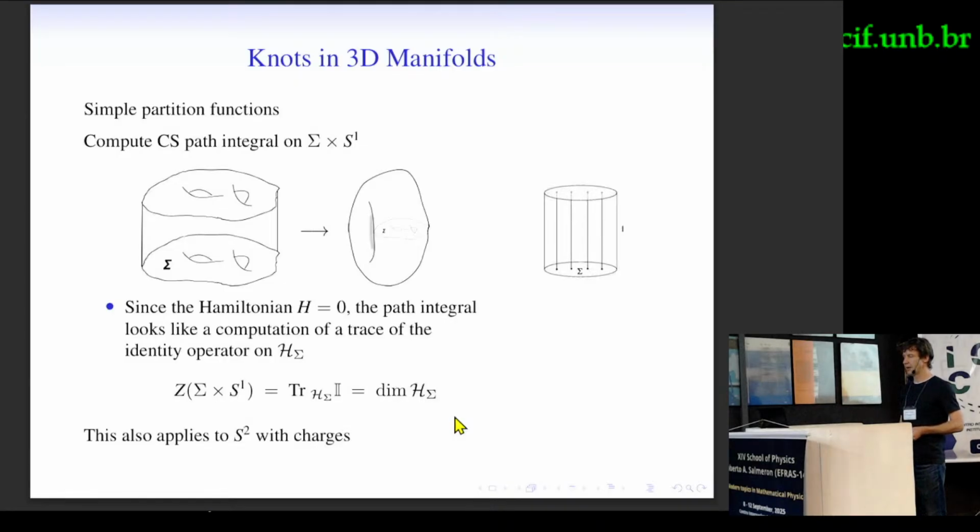So if we have a sphere, for example, then the dimension of the Hilbert space associated with the sphere is 1, and the trace of the identity operator on this Hilbert space will be just 1. This also applies to the case of the sphere with charges.